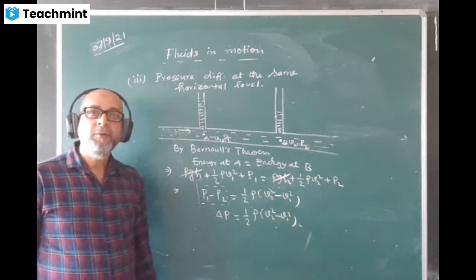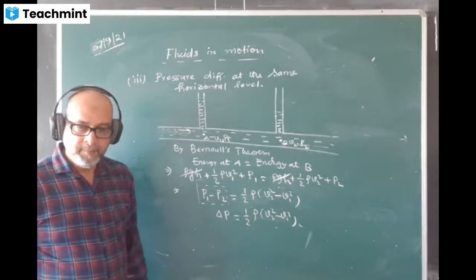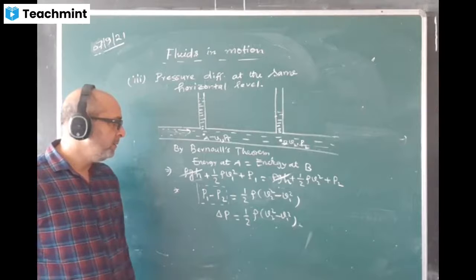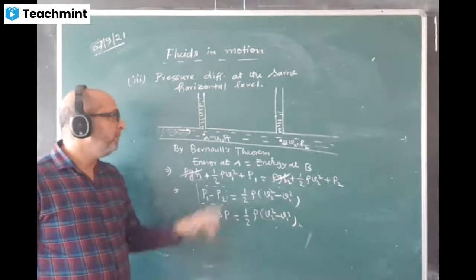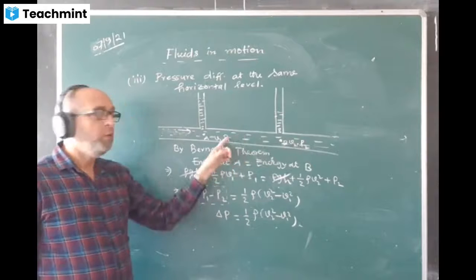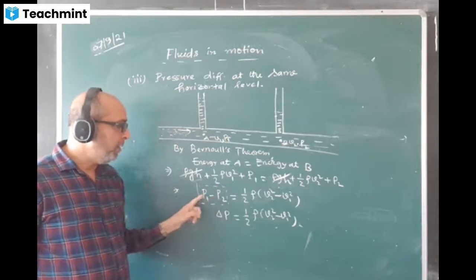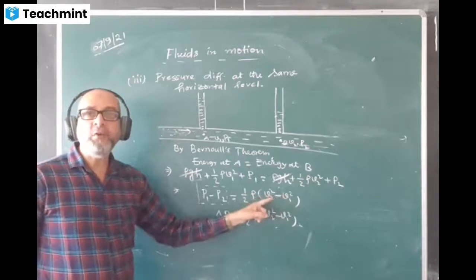Okay, now have you finished, is it clear? Yes, sir. Okay, now listen. Out of P1 and P2, which is bigger? We know P1 is bigger than P2. But check the velocity. Which velocity is bigger, V2 or V1?